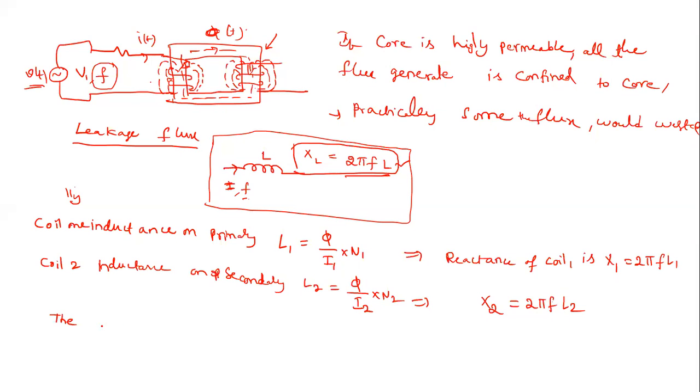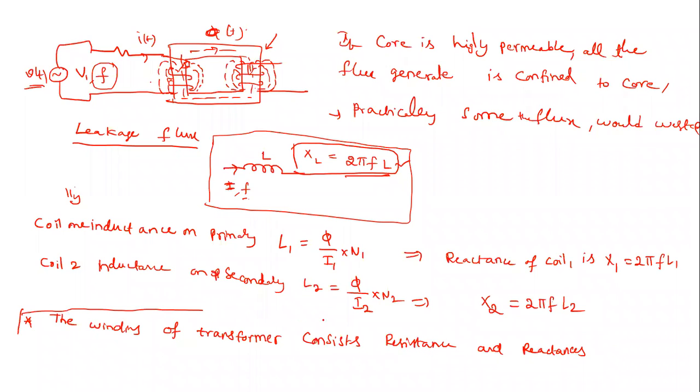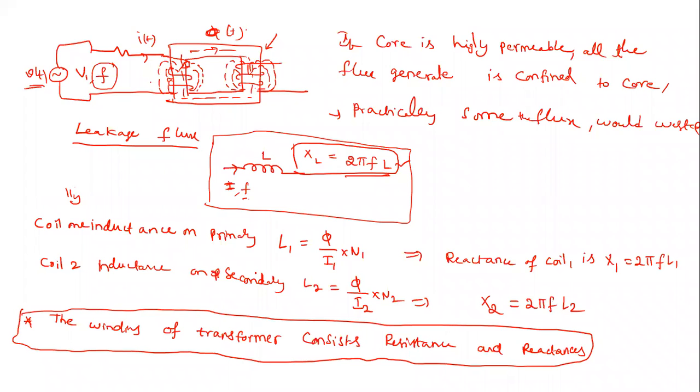The winding of a transformer consists of resistances and reactances. This is the conclusion from our discussion so far. That must have resistance and reactance.